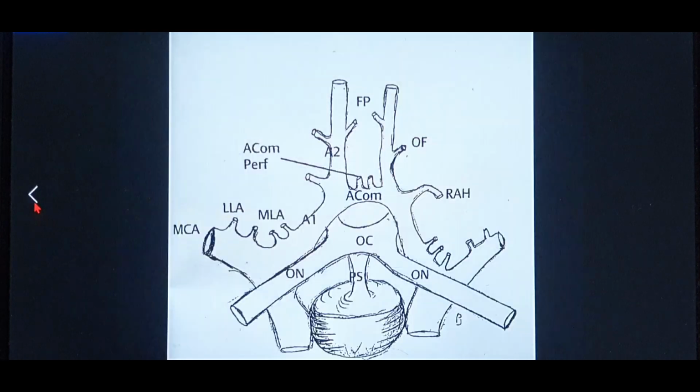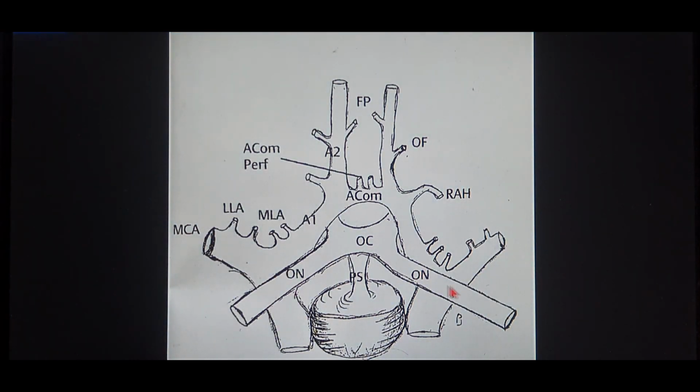So if you refer to this diagram over here, we saw the optic nerve, and we could see the internal carotid artery right here. That's the internal carotid, that's the optic nerve, and this internal carotid, behind the level of the optic nerve, divides or terminates into the ACA and the MCA.